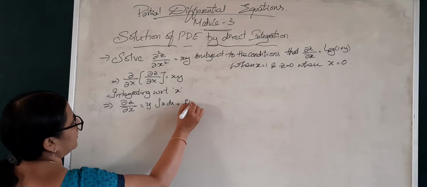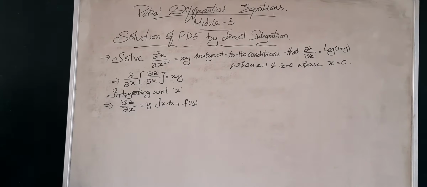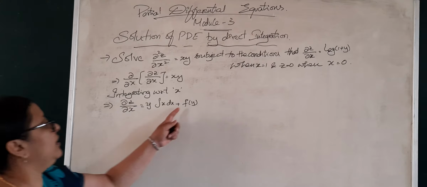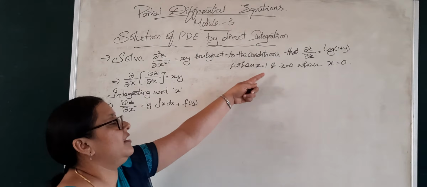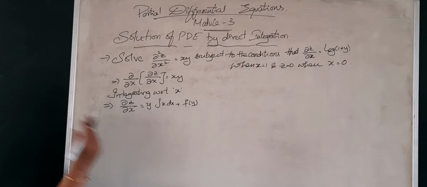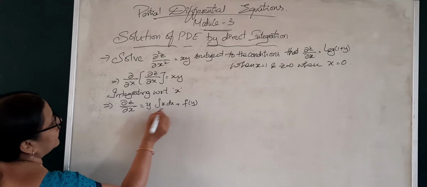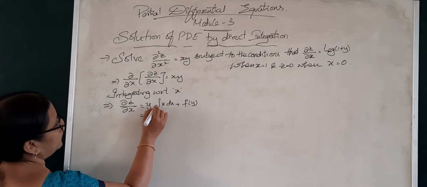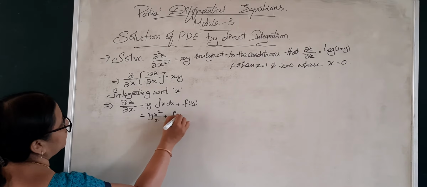So let us assume f(y). This is the constant of integration and you have to give it without fail. Later we can find the specific solution by applying the conditions for f(y) and the next constant. Integrating here we get y times the integral of x, which is x²/2, plus f(y).